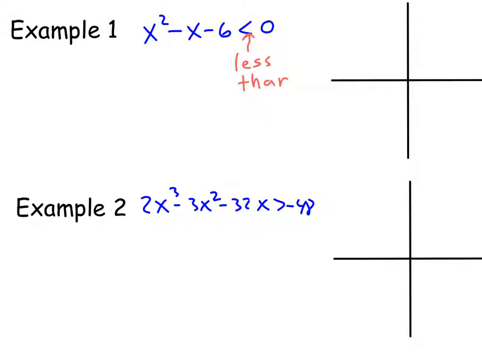What I'm going to do to start, though, and you'll see this comes up quite a bit, I just simply want to find the zeros. That's always a great place to start. We've done that time and time again throughout this unit.